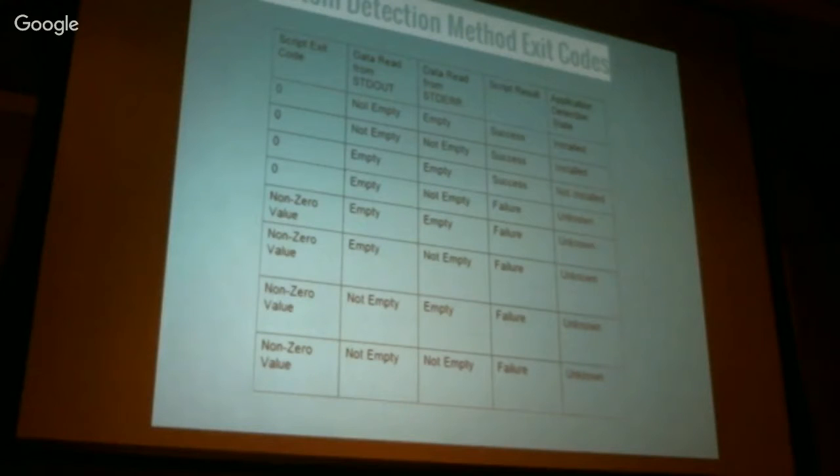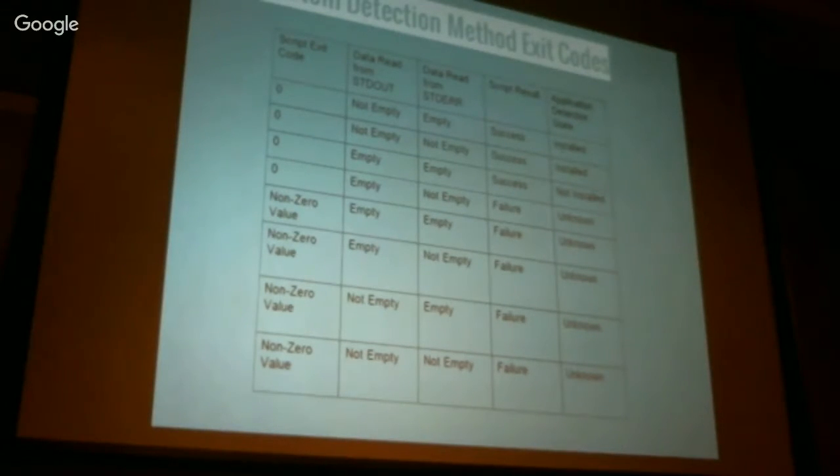Your unknowns here: if your script returns anything other than an exit code 0, SCCM doesn't know what happened. It's unknown. So basically, if it returns a non-zero, any letters, bam, it's instantly an unknown condition, and basically the script was a failure.